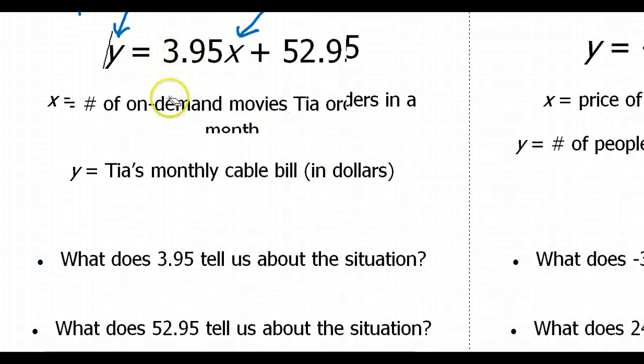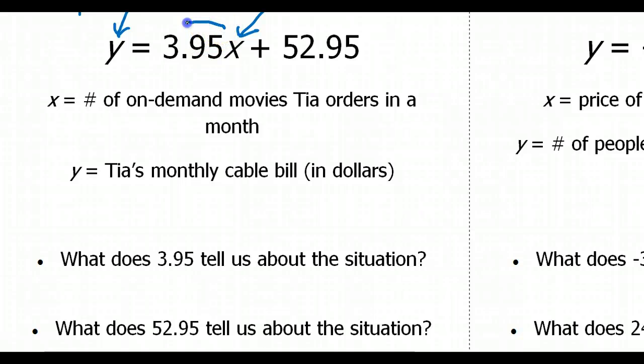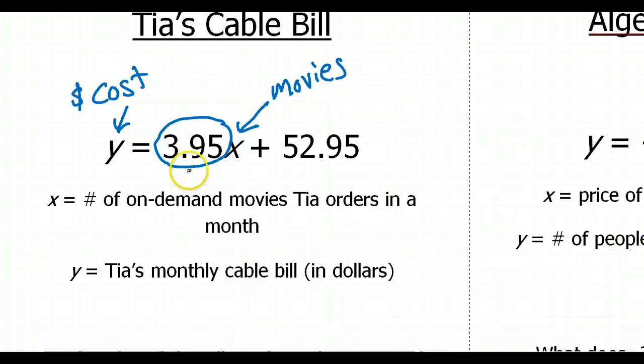Okay, so what are they asking us? What does the 3.95 tell us about the situation? Well, look what the 3.95 is getting multiplied by. 3.95 for every x. What did x represent again? Movies.